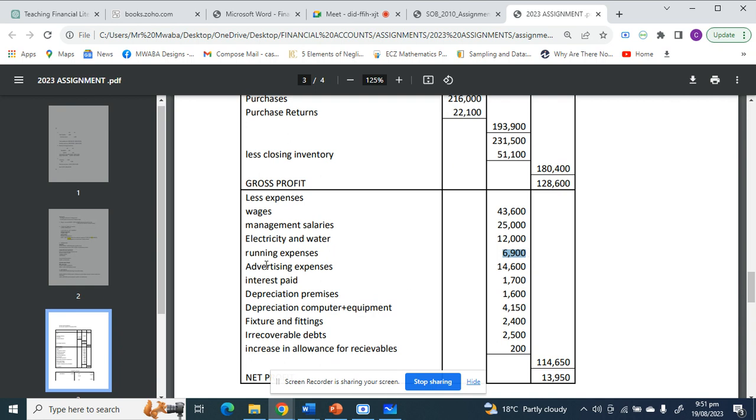Advertising expenses. There was an adjustment for that prepayment that we made. After we made the adjustment, our new value for advertising expenses was 14,600. Interest paid, this amount was from the trial balance, this 1,700.